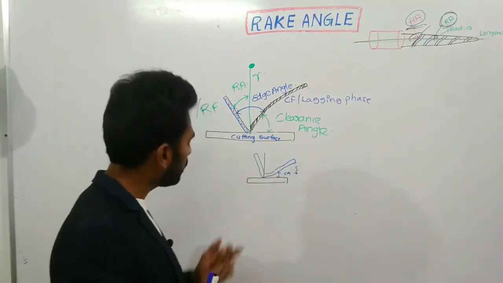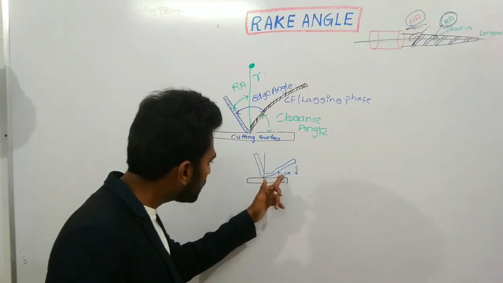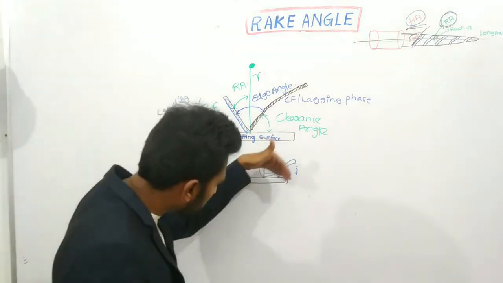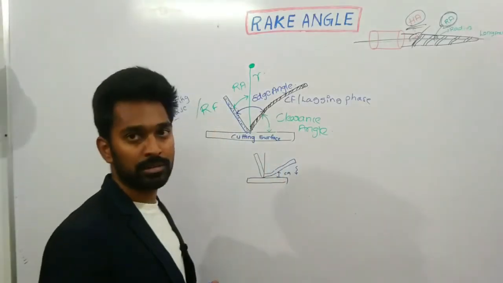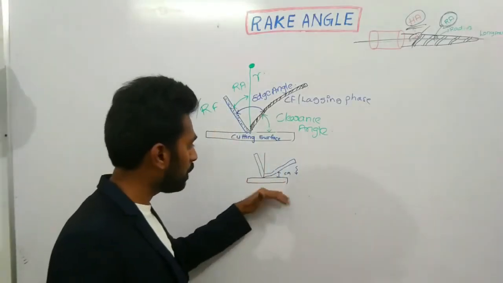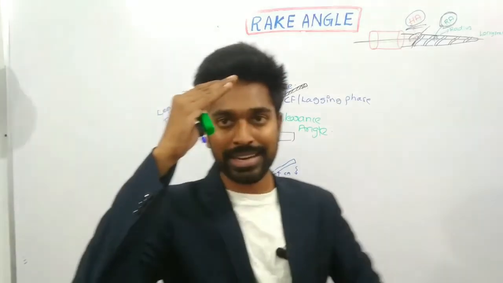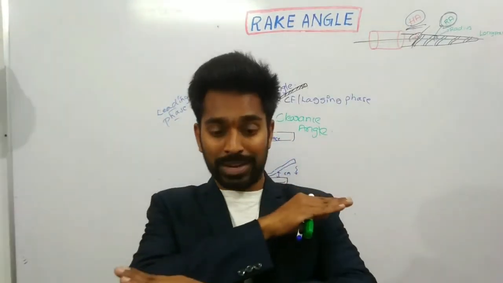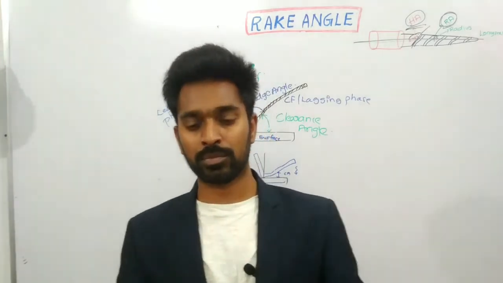The third point, due to the reduction in clearance angle, there is excessive digging of the dentin. Since the clearance angle has reduced, there are more chances for excessive digging of the dentin.